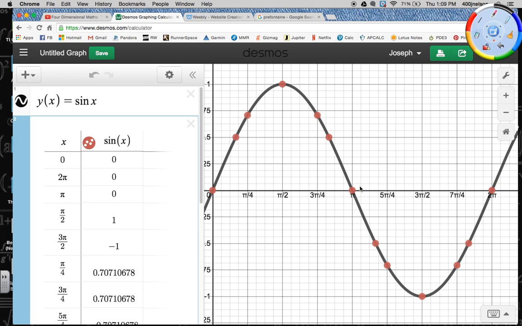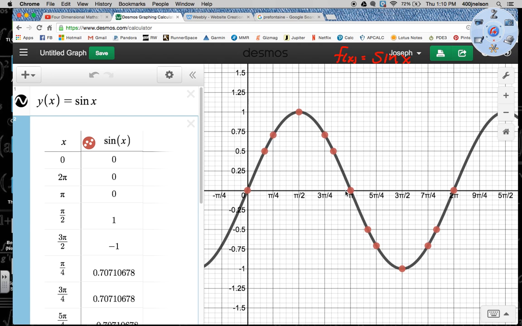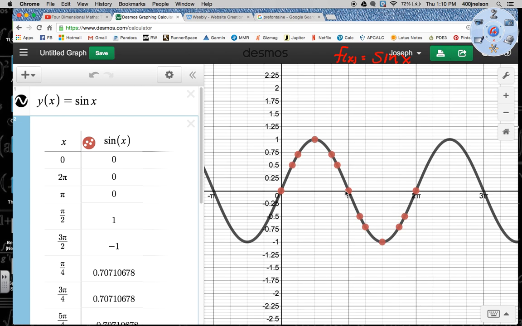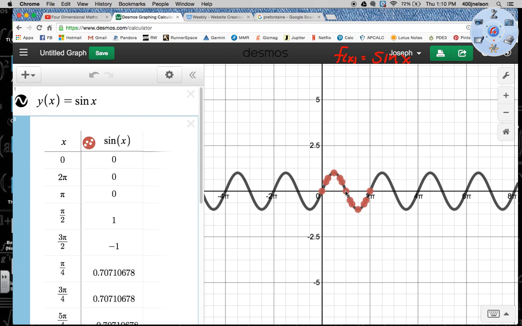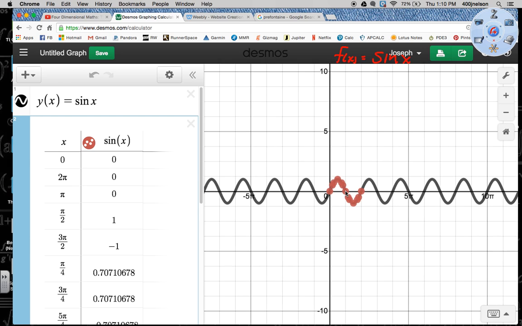Now, what you'll notice here, watch as I zoom out on this function. And this is why Desmos is very, very handy. It's harder to do on a graphing calculator. But on Desmos, if you zoom out, you start to see the same pattern over and over again.